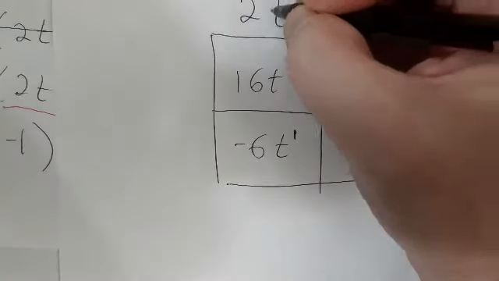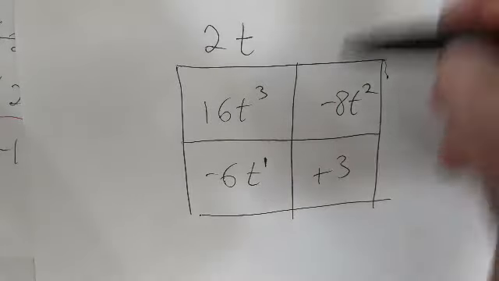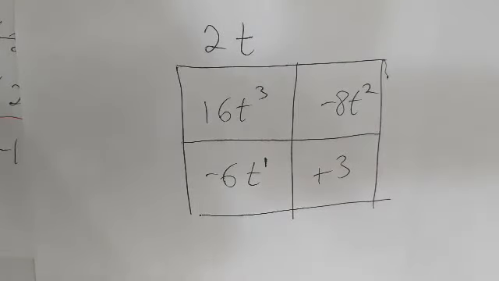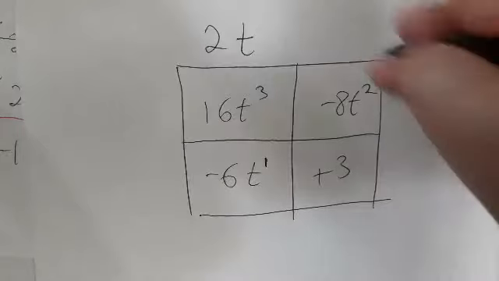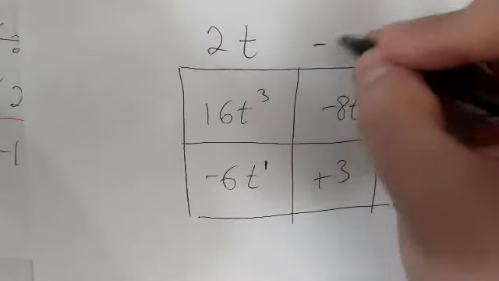This gives me a t to the first. I'm finding the greatest common factor between these things, and between these things. That should give me 2t. If this leads with a negative, I want to take the negative out.